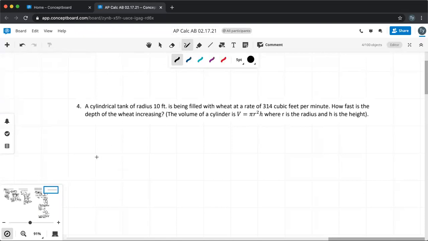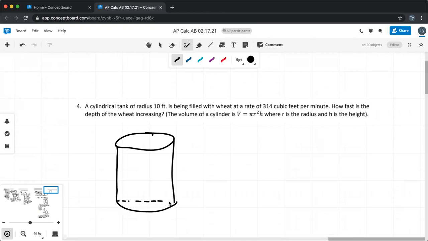So let's hope this goes well. These are not the easiest to draw. All right, we know the radius is 10 feet. And it's being filled with wheat.